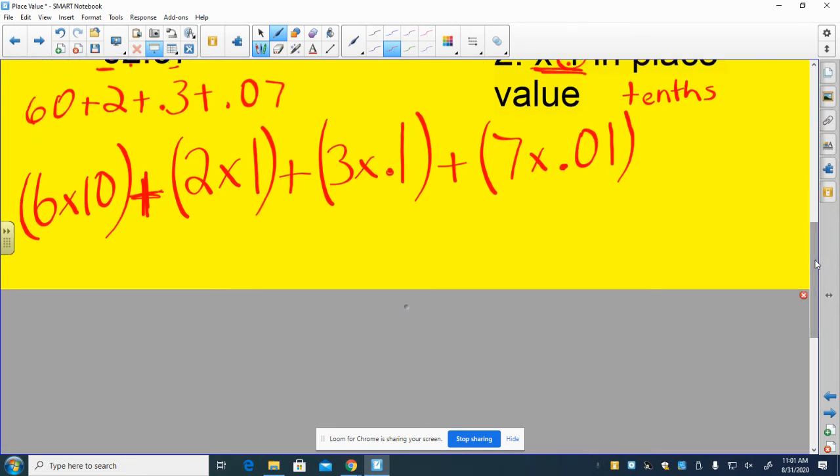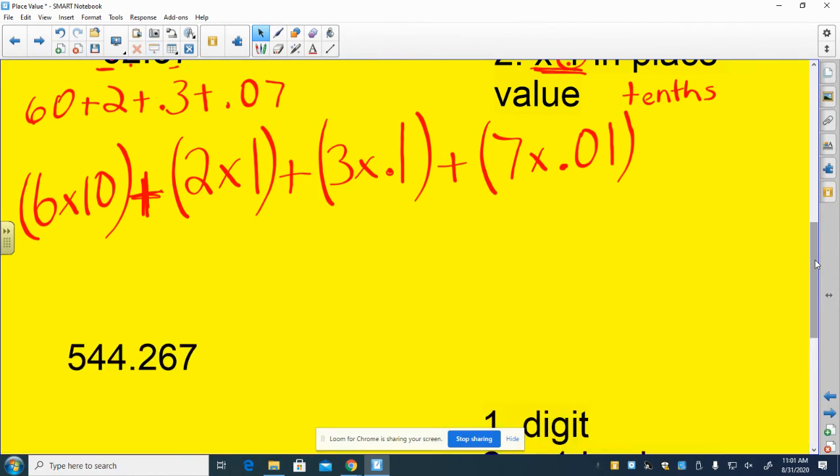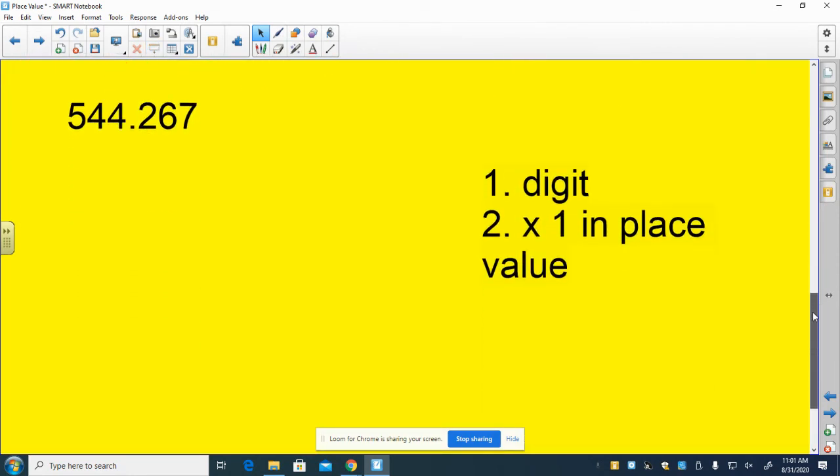And I'm going to show you one more number here. 544 and 267 thousandths. I'm going to do just with parentheses here. Going to follow our steps. The first digit, 5, and here's our decimal.